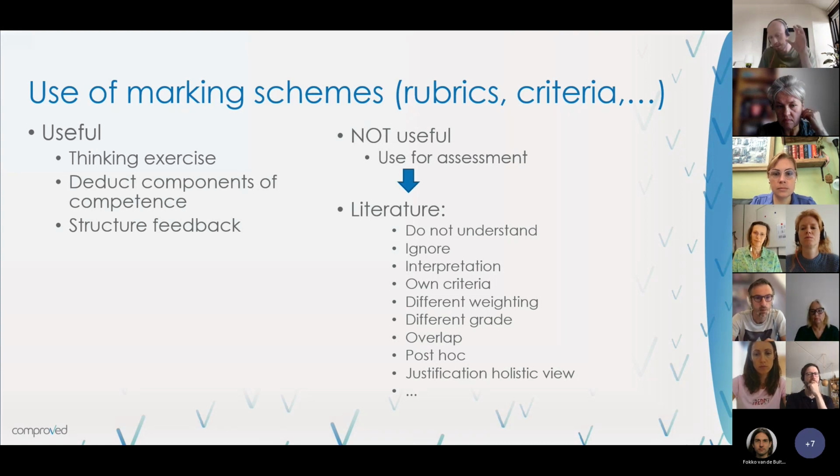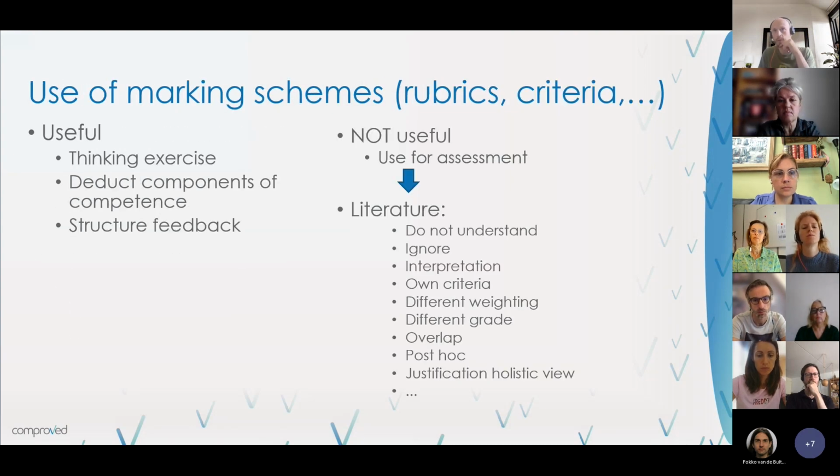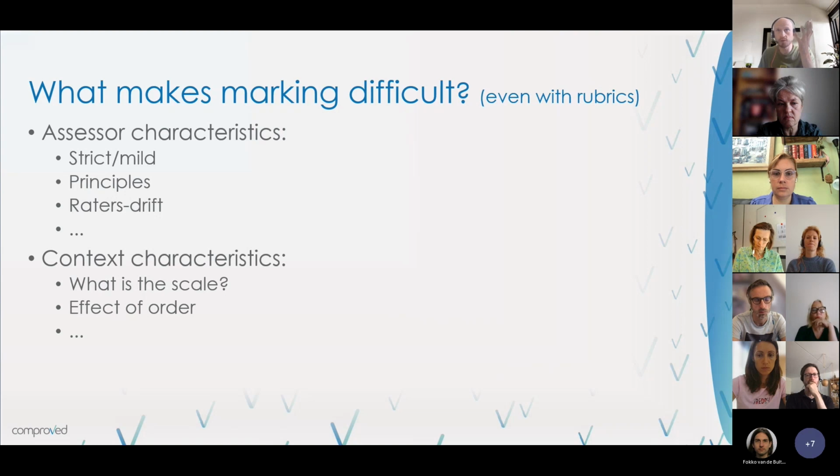These findings in the literature were the starting point for our research project, DPAC, and that's also because we found that grading or marking was difficult. You have different characteristics in assessors.